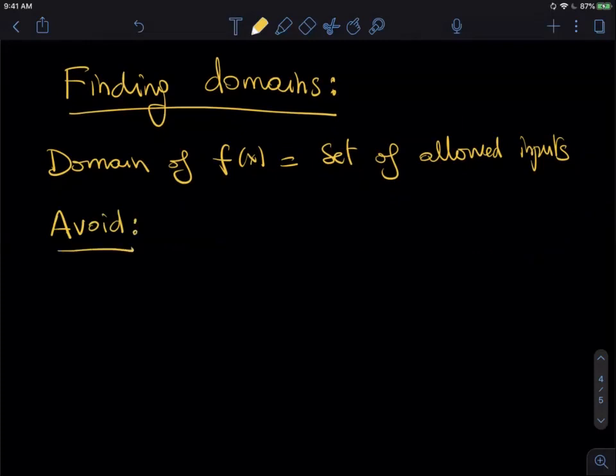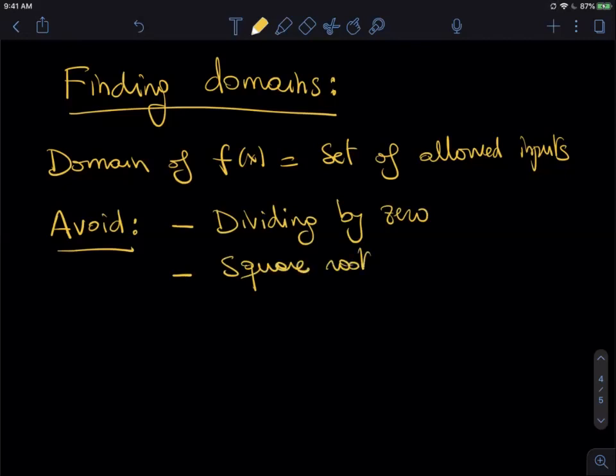The first one is dividing by 0. The second one is when you have square roots, you don't want a square root of a negative number.